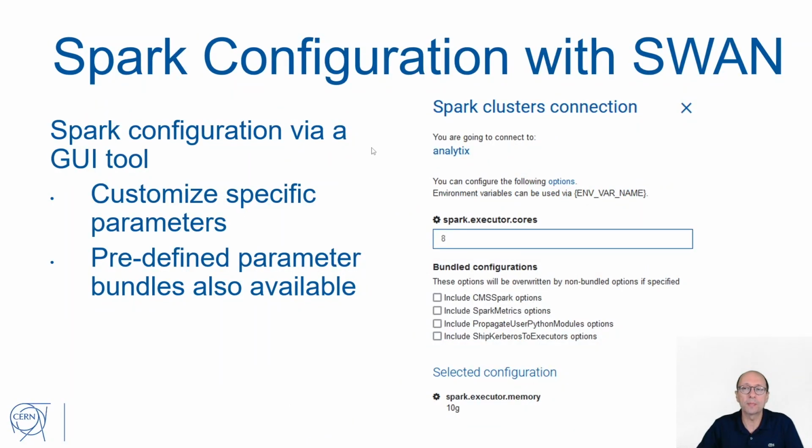When using Spark on Swan, the configuration is simplified because you have a web UI that you can use to set all the configuration parameters. An example here, Spark executor memory that is already selected, and the Spark executor cores that is being entered while I took the snapshot of this configuration page. And there are also bundles that you can use with several configuration parameters already pre-configured for certain functions.